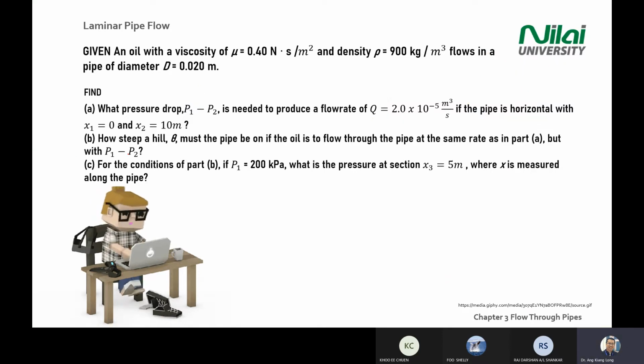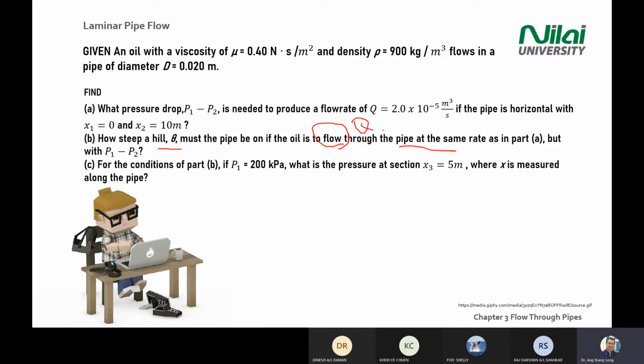And then B: what happens if you have a steep hill, where there's an angle given? You need to find how steep the hill must be for the pipe, so you need to find the angle so that the flow is the same, meaning Q is maintained and delta P is maintained.